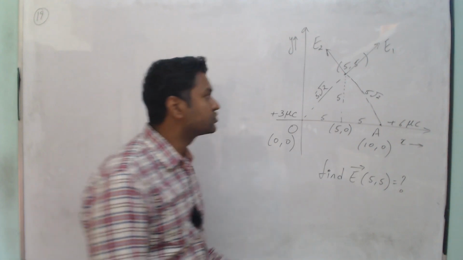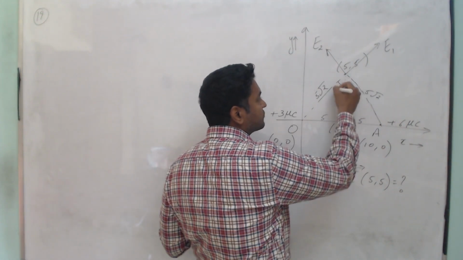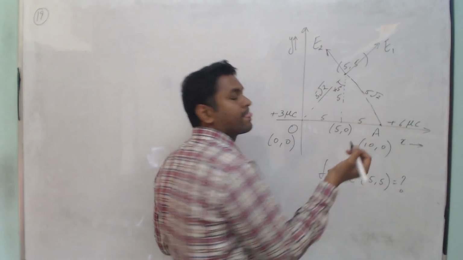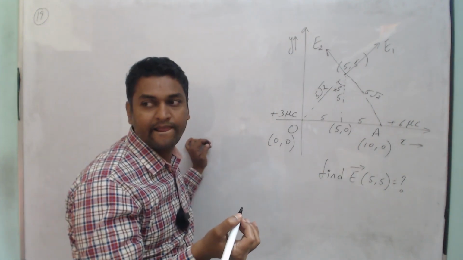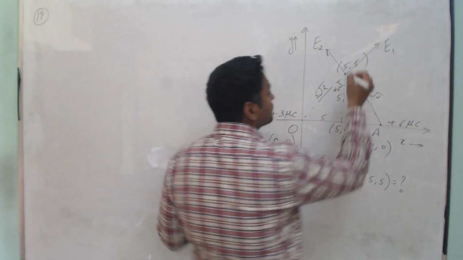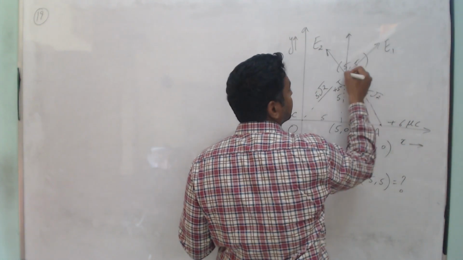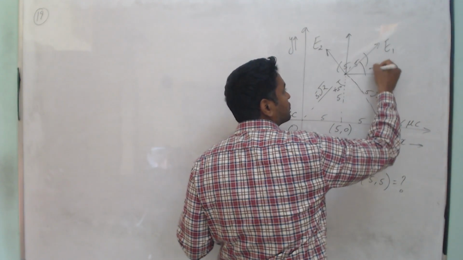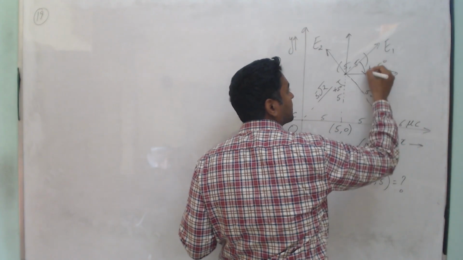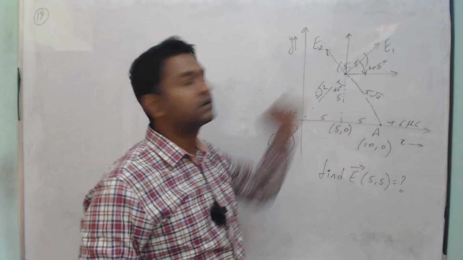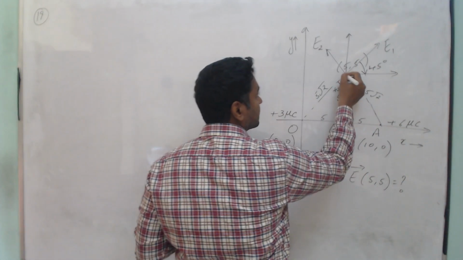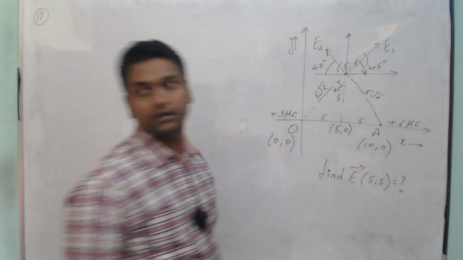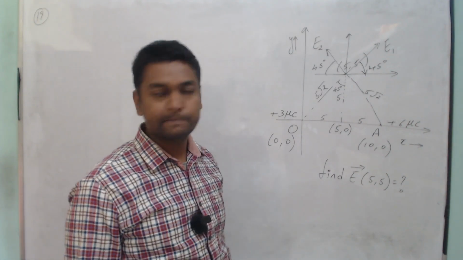So that means this angle is 45 degree. If I extend these two lines, this angle comes out to be 45 degree. Similarly, the other angle comes out to be 45 degree. Similarly, this angle also comes out to be 45 degree. Is this clear?